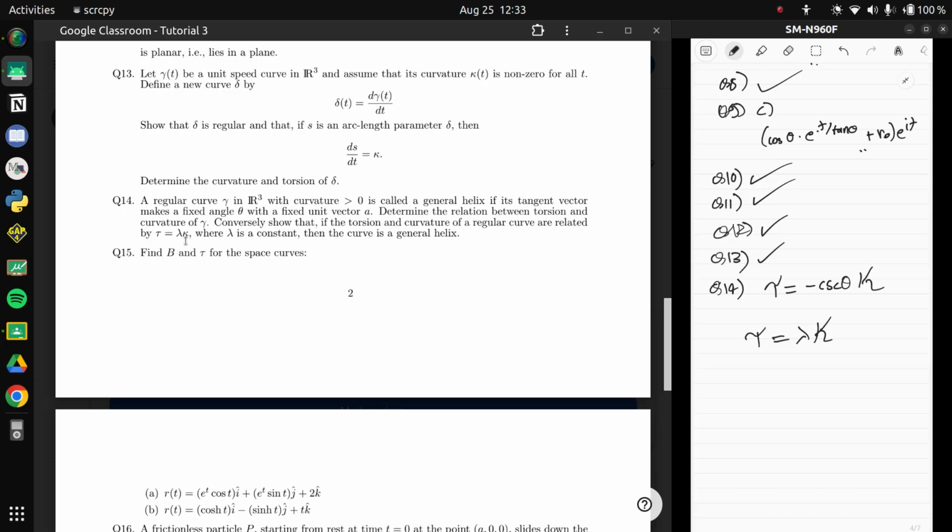That is the unit binormal in any case. Kappa is just the magnitude of dT by ds, which is just the gamma double dot thing, right? Never mind all that. So anyway, we want to show this thing.